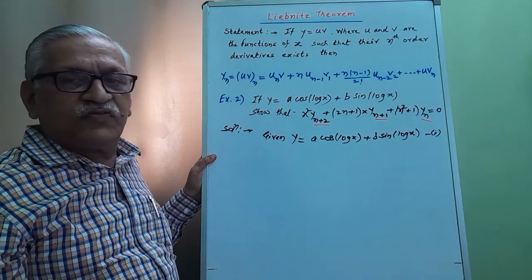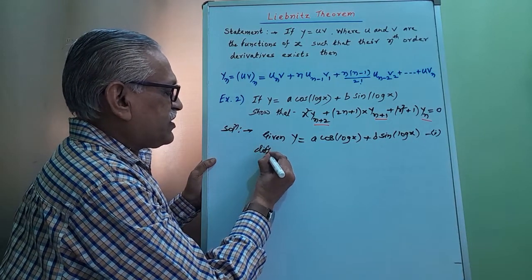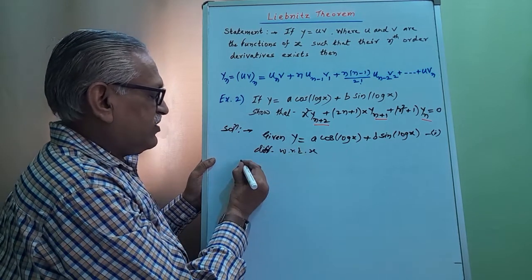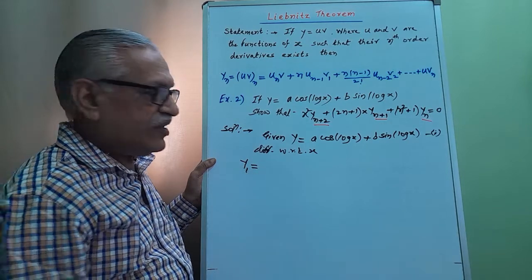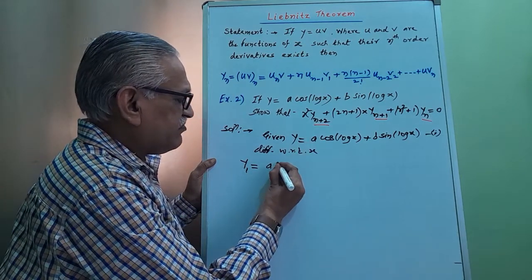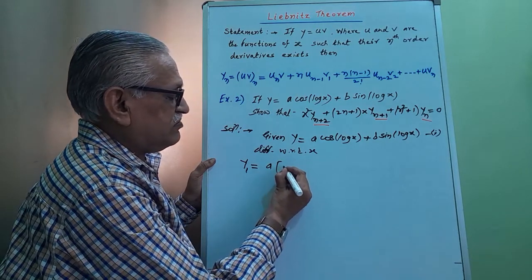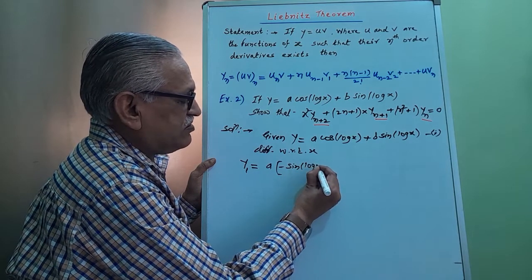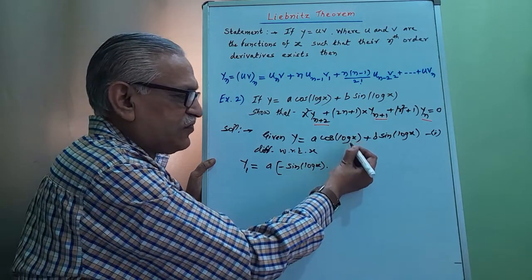Then differentiating it with respect to x as it is a function of x, we get y1 as the first derivative. The derivative of cos is minus sine log of x into chain rule as it is function of function.